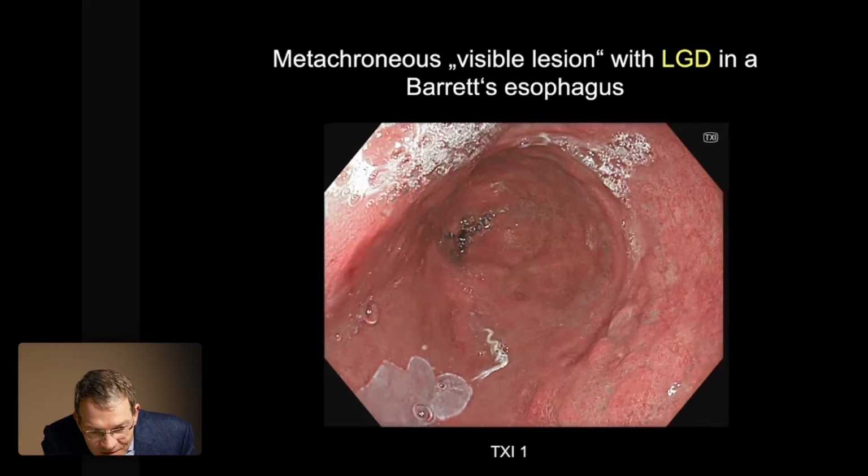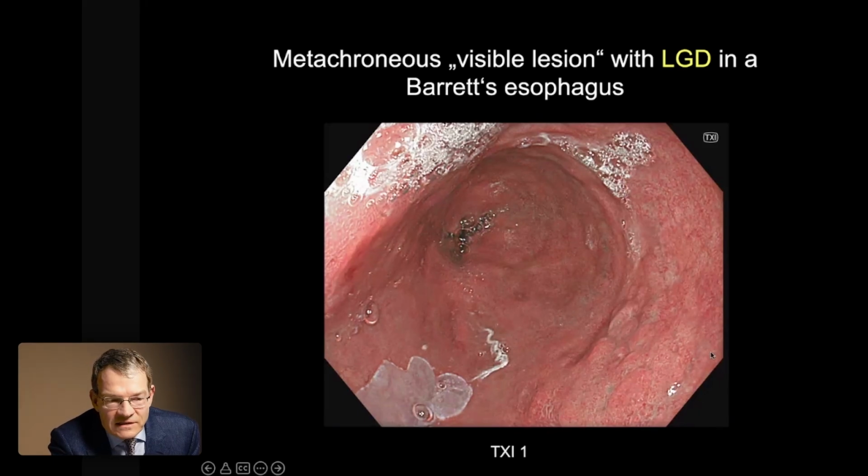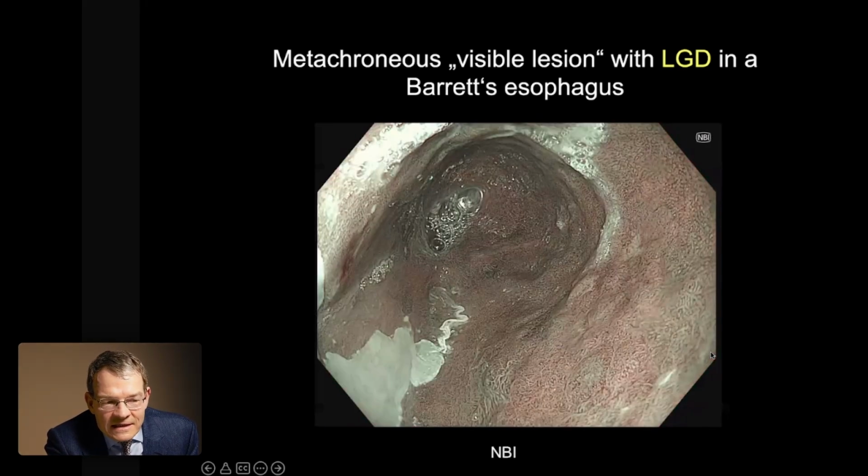When we use the TXI, it gets bigger, definitely bigger. We can visualize this better. And now, using NBI, you will notice that we have slightly beginning capillary abnormalities. So this is what we can get out of the filters and post-processing filters.